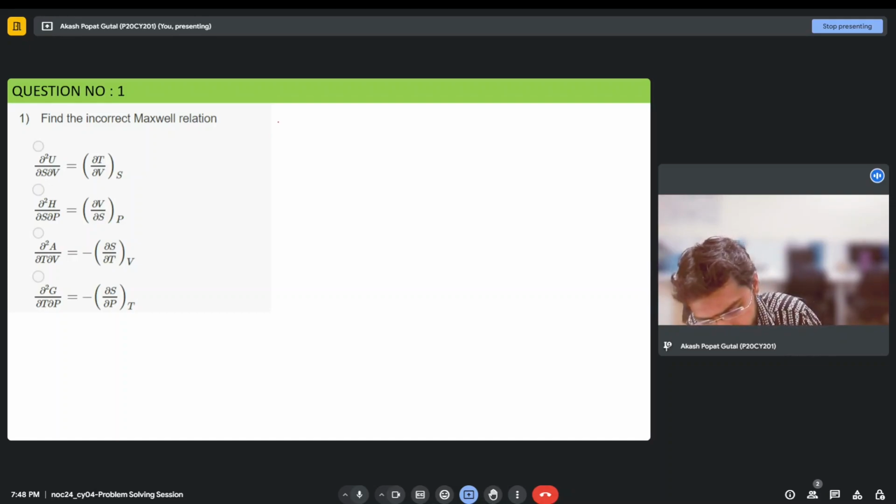So I will first write here the equation of dU, which is TdS minus PdV.